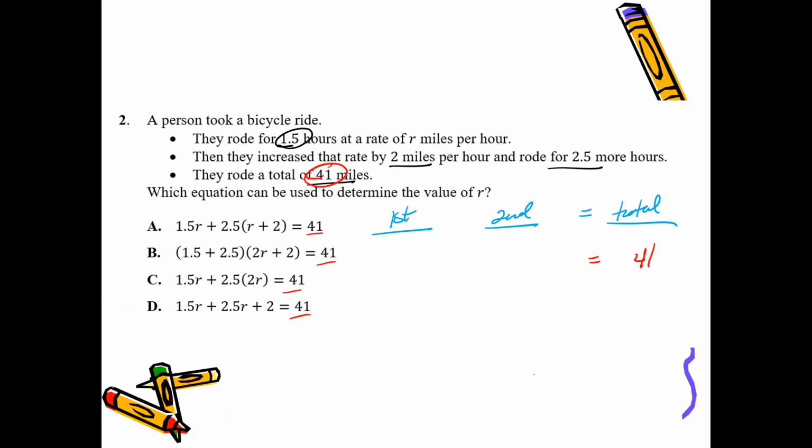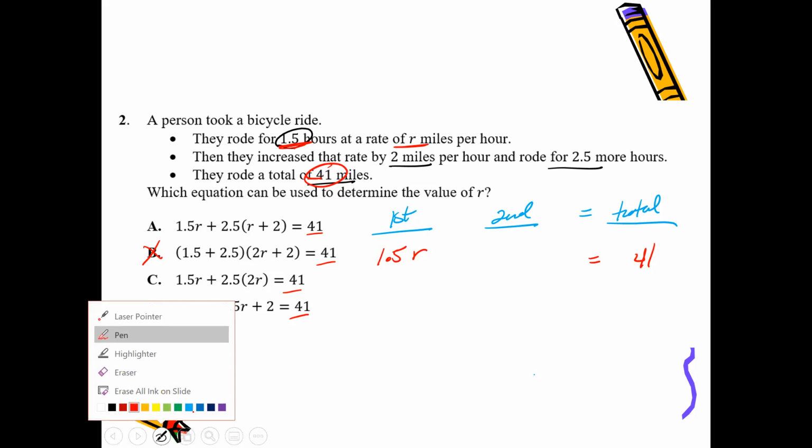The first one is they rode the bicycle for 1.5 hours at a rate of R, so that's just going to be 1.5R. If you take a look, B does not have that, so you cross out B. That's not the correct answer. Already I'm eliminating some of them.